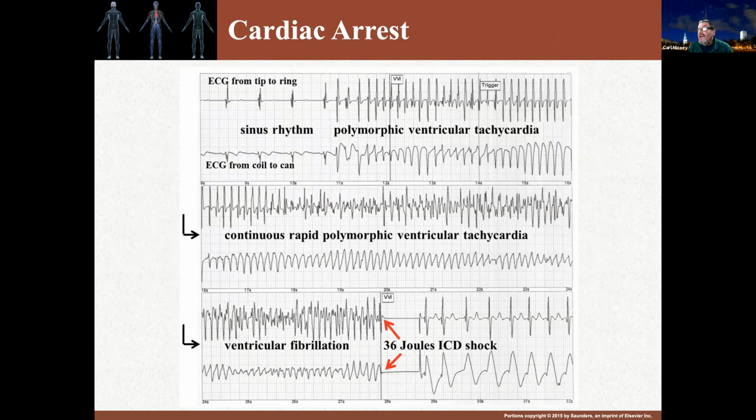And now in this tracing, we see intracardiac electrodes here. So we've got an EKG from tip to ring and an EKG from coil to can here. We have a sinus rhythm which devolves into a polymorphic, meaning multiple different forms, tachycardia, continued rapid polymorphic ventricular tachycardia, devolves into a ventricular fibrillation, at which point the intracardiac defibrillator administered 36 joules intracardiac shock.